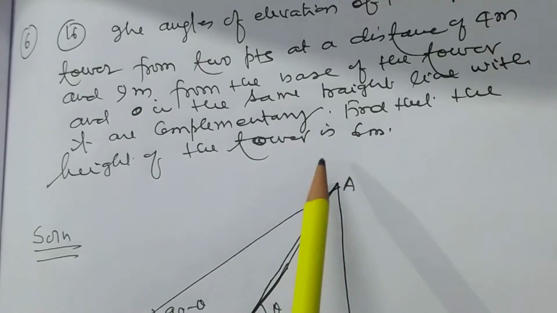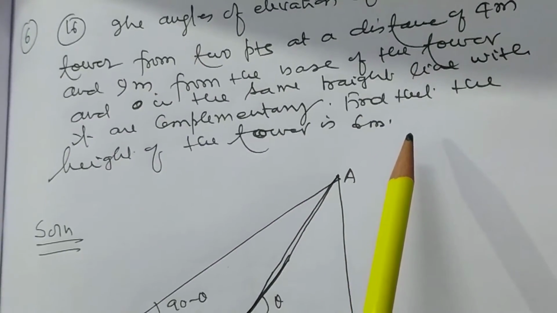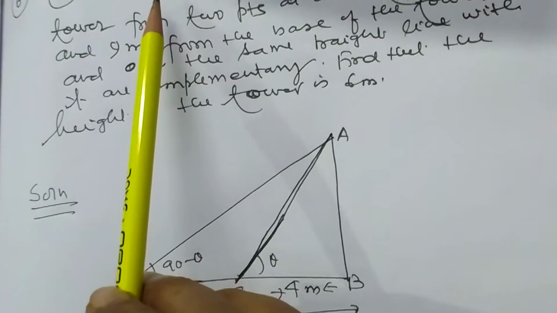Find the height of the tower is 6 meter. Answer is given. Try to understand the problem.